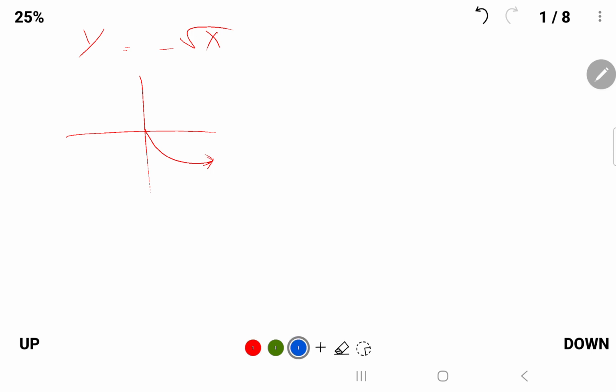Now what about if you have y equal to the square root of minus x? If you put a negative sign inside the radical in front of x, then it's going to reflect over the y-axis like this.